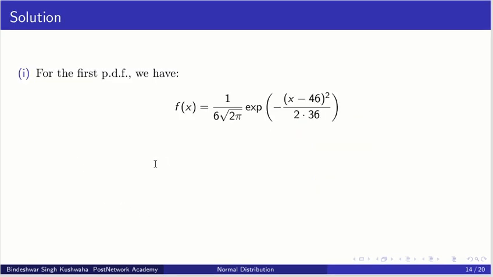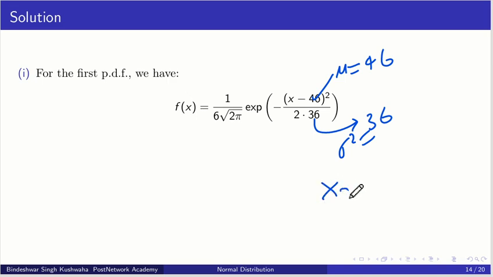Here you can observe that mu is 46 and variance is 36.